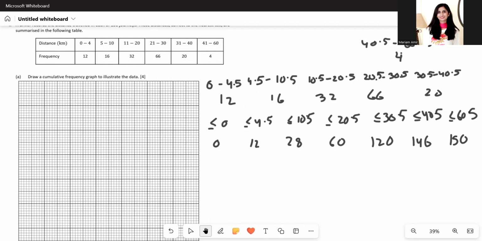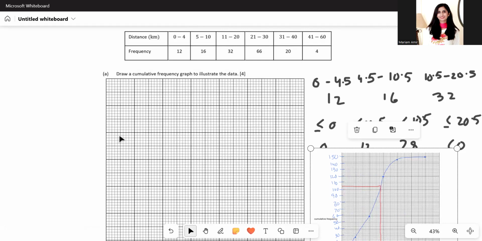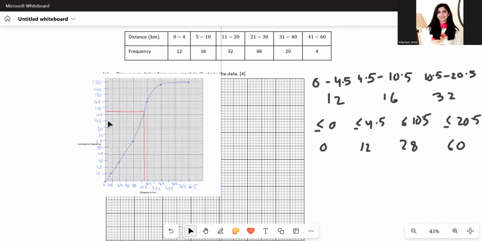I am going to paste the plotted cumulative frequency curve, and then we'll go over that from there. Okay, so here's the curve completely drawn.